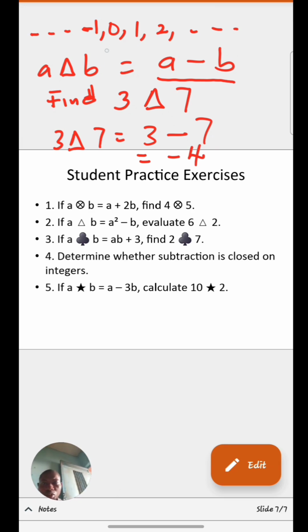It is an element of integers because integers are positive and negative whole numbers. So minus 4 is also an element of integers.